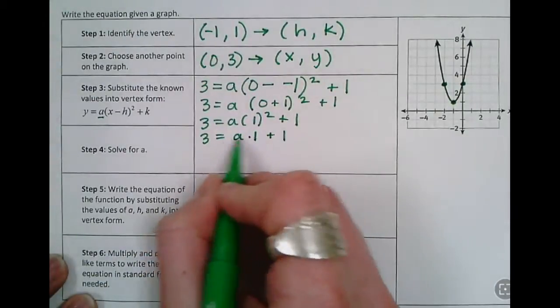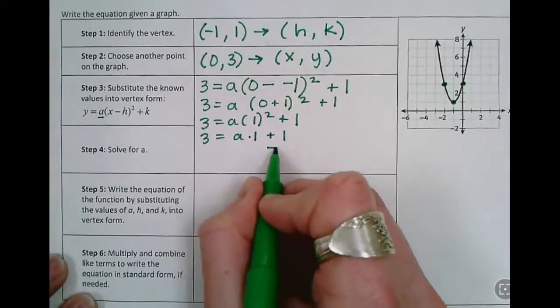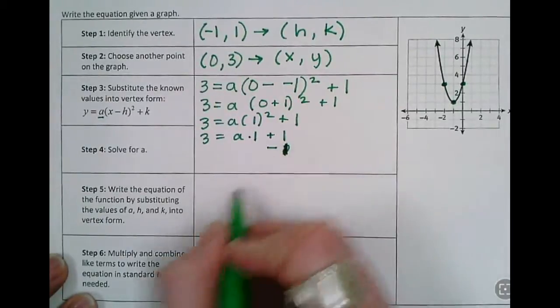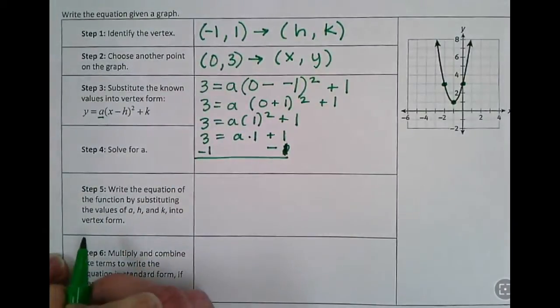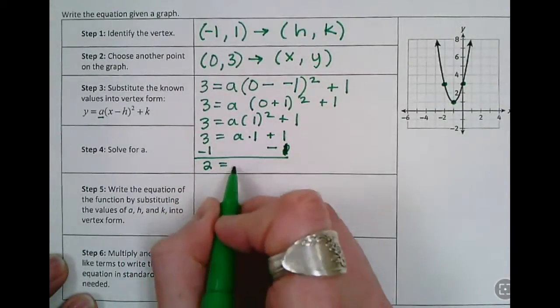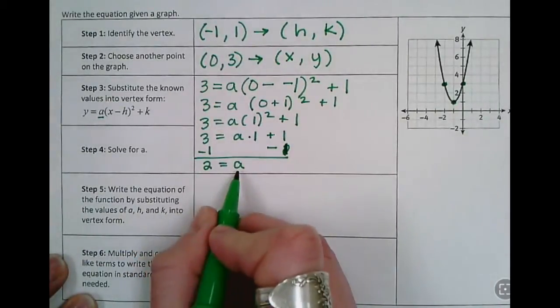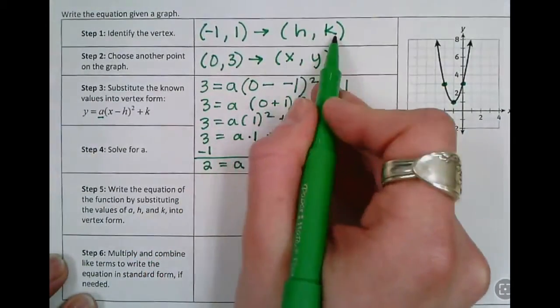And a times 1 is just a. So solving for a, all I have to do now is subtract 1 from each side. So I have 2 equals, and once again, a times 1 is just a. So I have solved for the value of a, and I know my vertex.